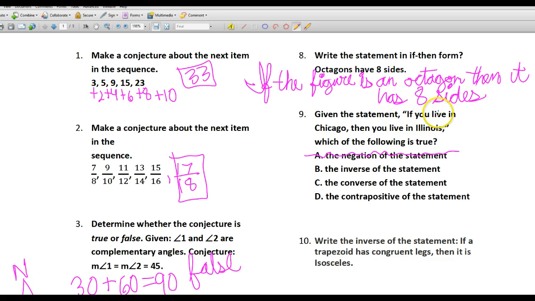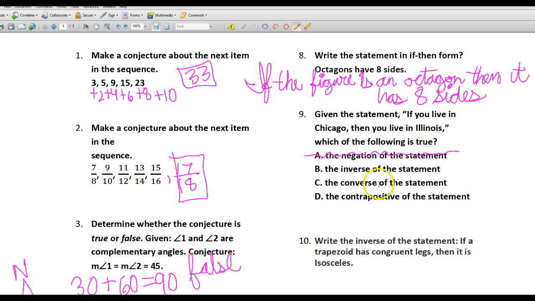So it would read, if you do not live in Chicago, then you do not live in Illinois. That would be false. For example, if you do not live in Chicago, so let's say you live in Peoria, then you do not live in Illinois. Well, Peoria is in Illinois, so you would live in Illinois. So that's why the inverse of the statement is false.